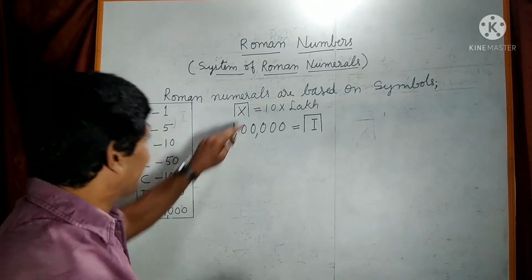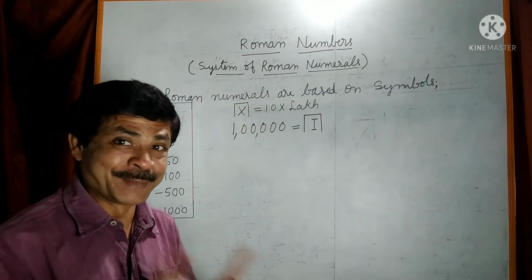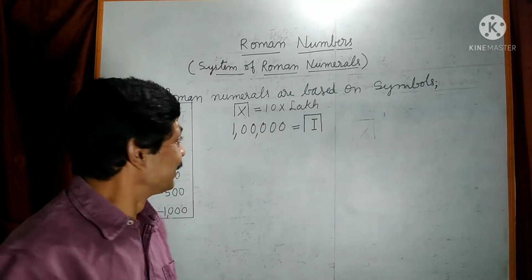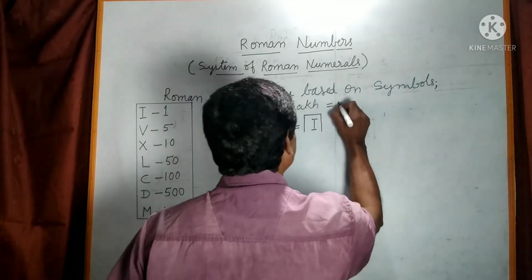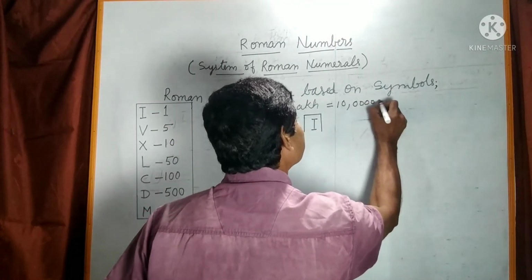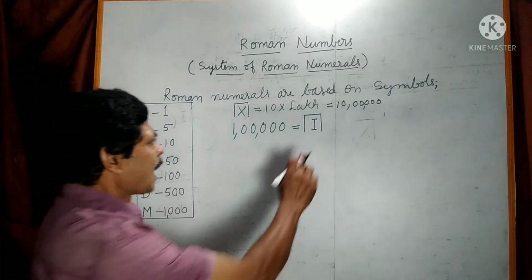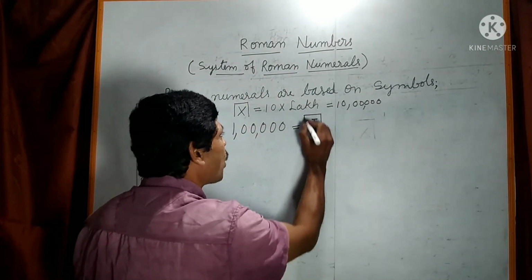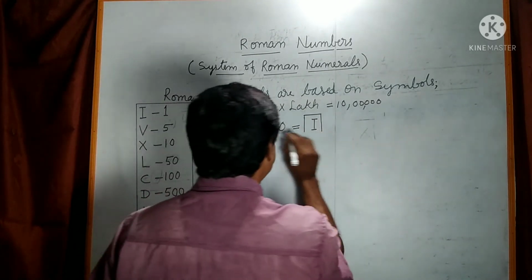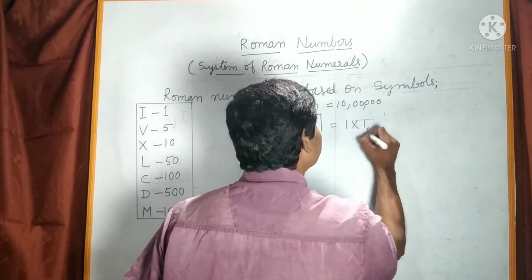Now we will learn how to write 1 lakh to 1 crore. Any number covered with a box open at the bottom means that number into lakh. Here, 1 lakh: I is 1 and this box covering I is equal to 1 lakh. This is equal to 1 into lakh.